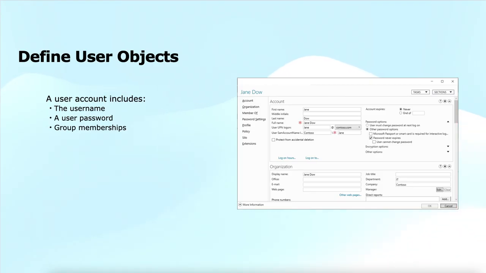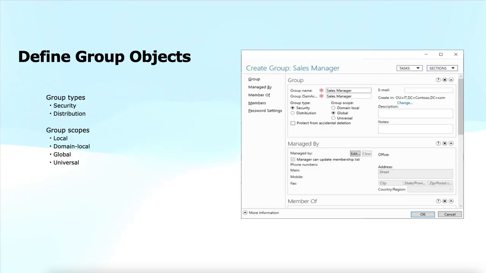Next object is group, where we use this to make the users member of this group. The groups help in the assignment of the permissions. It becomes easier to assign the roles to the users by providing these roles at the group level. For that purpose, we have security groups.